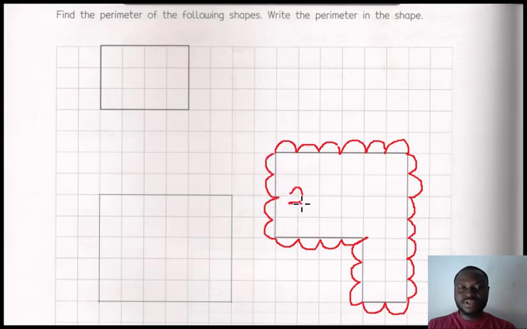So the perimeter of this shape is 26 centimeters. So that is the first way to do it.